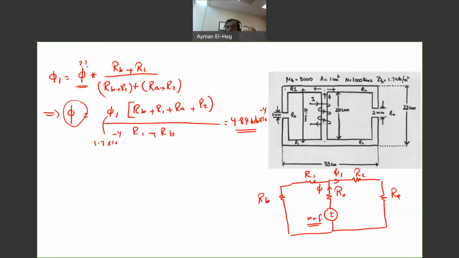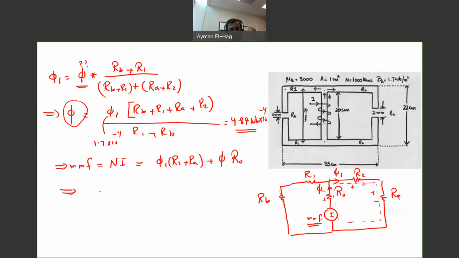Now I know this flux and this flux, so I will apply KVL to this loop, and of course we use the passive convention. So this is plus minus, plus minus, plus minus. Your MMF, which is Ni, is equal to phi 1 times reluctance 2 plus reluctance A, which is the MMF of this branch, plus phi times reluctance 0.